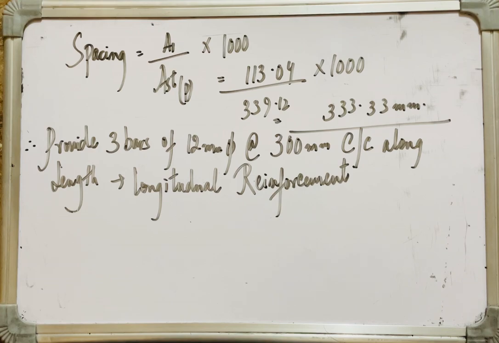And for the main reinforcement, I provided 10 bars of 12 mm dia at the rate of 100 mm center to center spacing along short span. So along short span there is my main reinforcement, and along the longest span there is my longitudinal reinforcement.